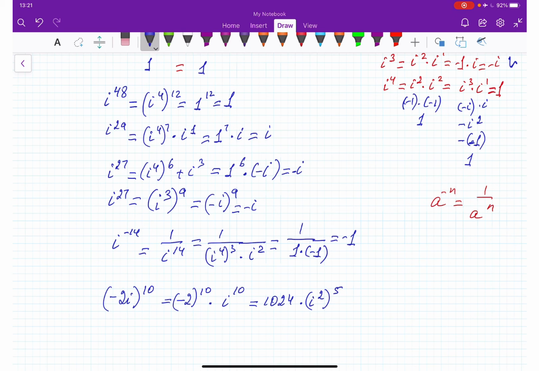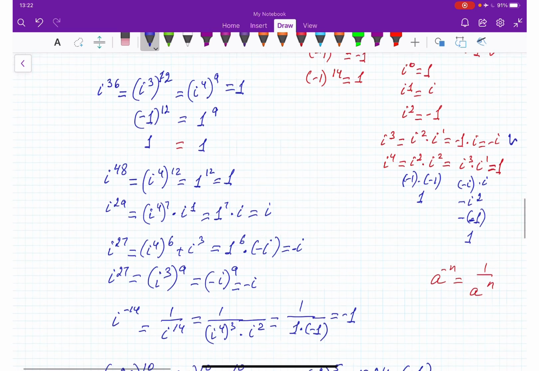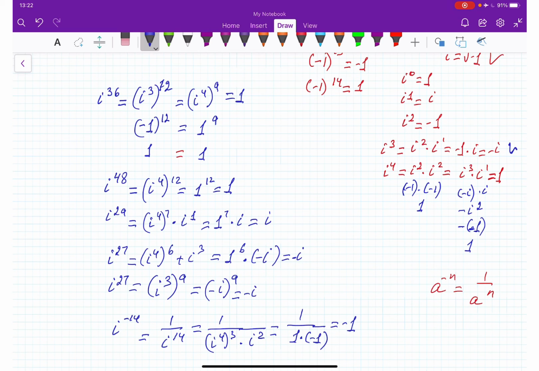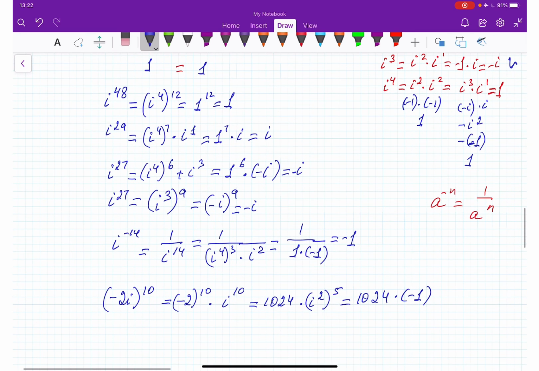So we have 1024. i squared is negative 1, right? Look here, negative 1, right here, to the power 5. Remember, when we raise a negative number to an even power, we get positive. So the answer is going to be 1024 times 1, equal to 1024.